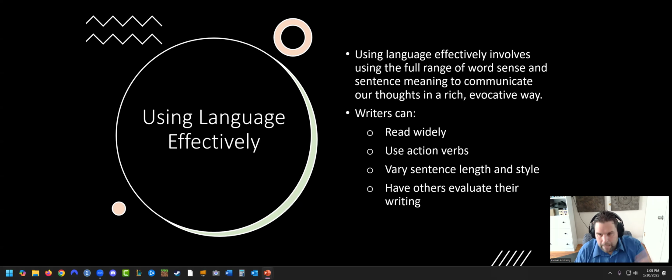So, as an example, in writing, writers are individuals who read very widely. They're capable of using action words. They can vary their sentence length and style depending on the audience or the emotions that are being conveyed or the message that's being put forward. And they are capable of having others evaluate their writing, right?